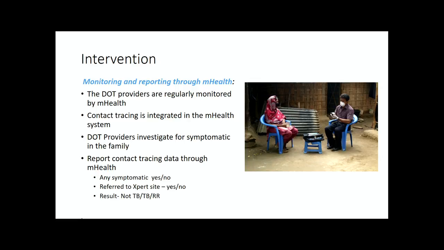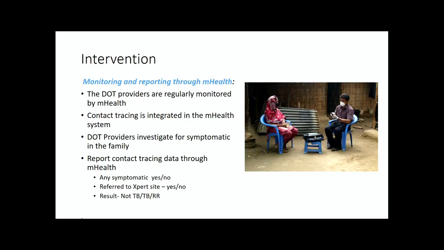A second intervention: Bangladesh is now doing M-Health to monitor the patients, and contact tracing is again integrated with the M-Health system. The DOT provider investigates for symptomatics in the family and reports contact tracing data through M-Health.